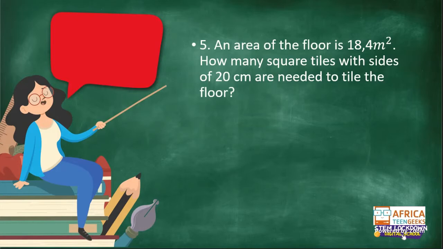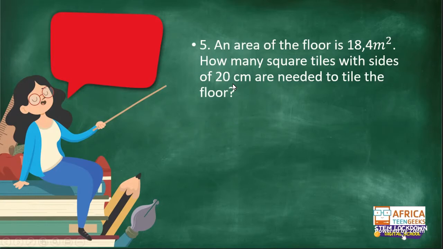Now you need to buy tiles to tile the floor, which has the area of 18,4 square meters. Just look at the square meters there, and look at the centimeters. What did I say in the previous lesson about conversion? It is very important to convert. You need to work with the same unit of measurement.